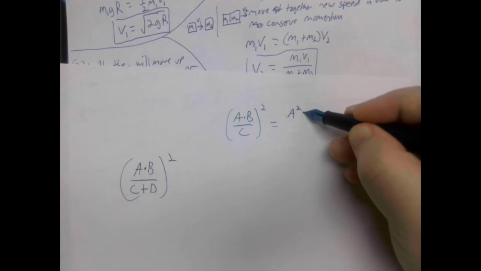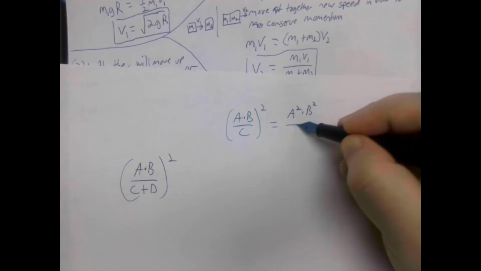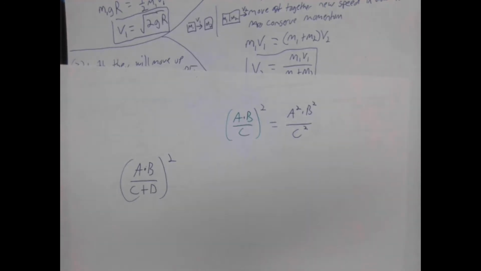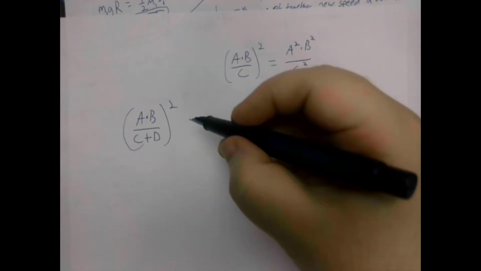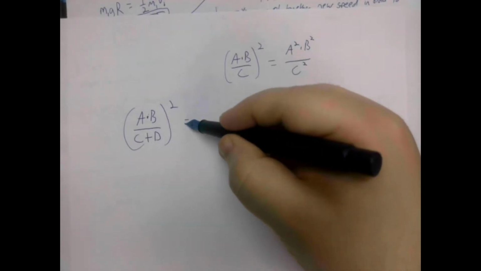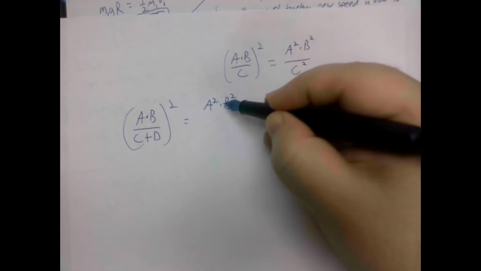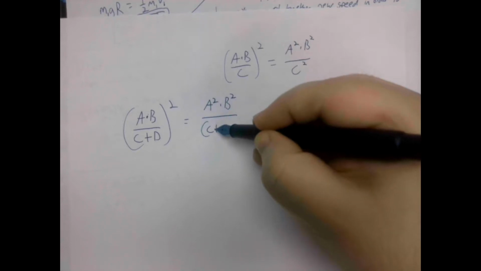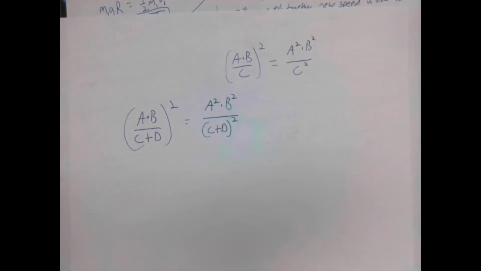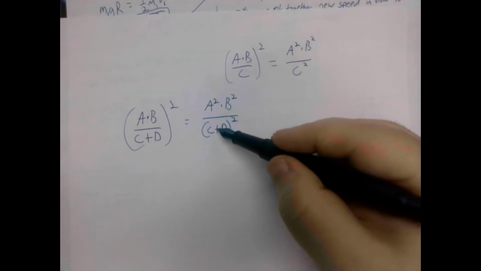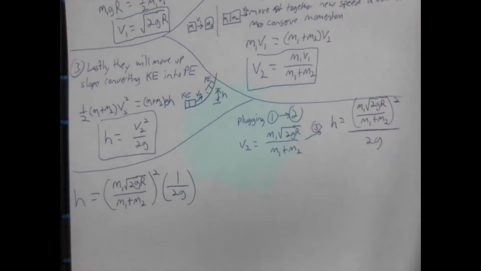So that's a squared times b squared divided by c squared. That's algebra. Thus, we can simplify this as a squared times b squared divided by c plus d squared. Note the square does not distribute when there's a plus sign in it. That has to be broken up by FOILing.